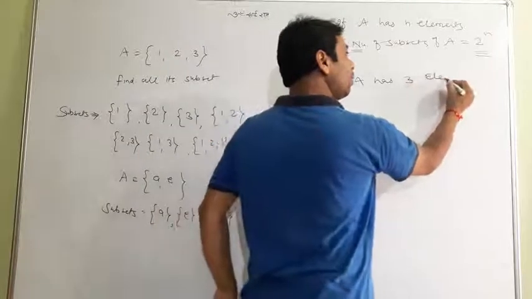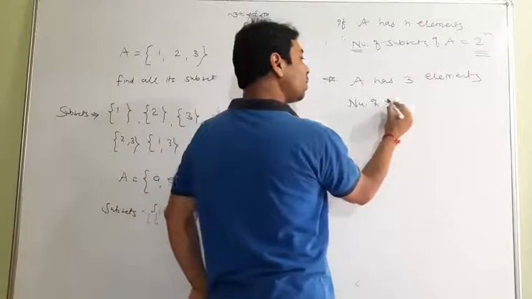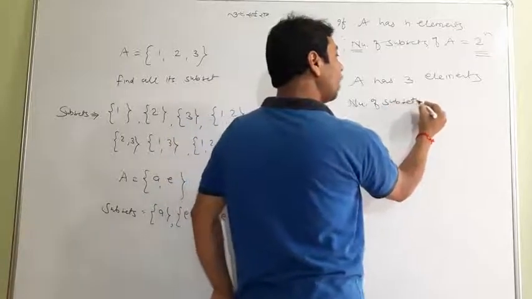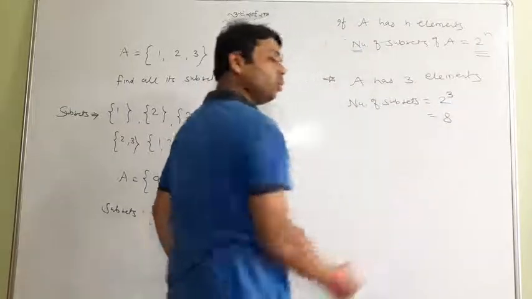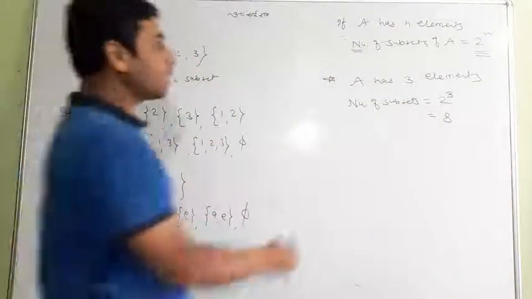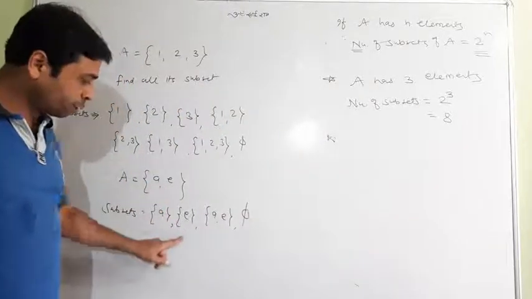Look, A has 3 elements. How many subsets? The number of subsets will be, by the formula, 2 to the power n, n meaning 3. 2 to the power 3 is equal to 8. 8 subsets. Second question: A has how many elements? 2. Number of subsets is 4.